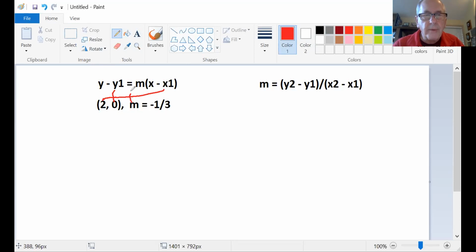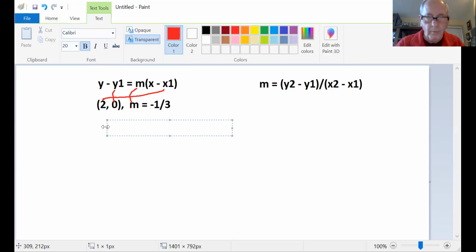We're going to take this m, the minus 1/3, and put it right there. So when you do that, you get y minus y1, which is 0, is equal to m, which is minus 1/3, times x minus x1, which is 2.